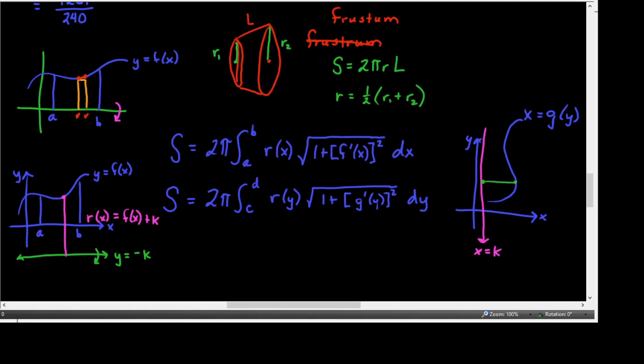Now, if that's the y-axis you're revolving around, of course, then that's just x, which is the g of y. That's probably one of the more common ways that's done.